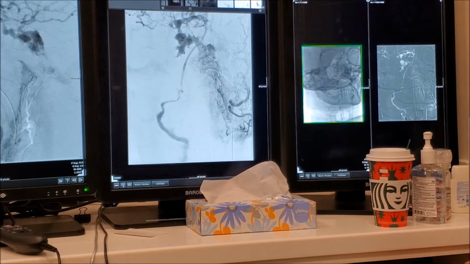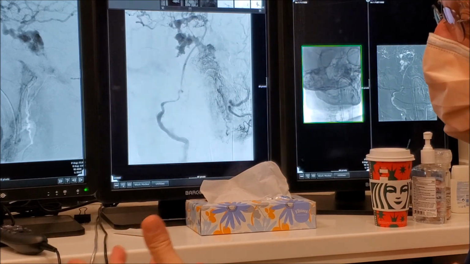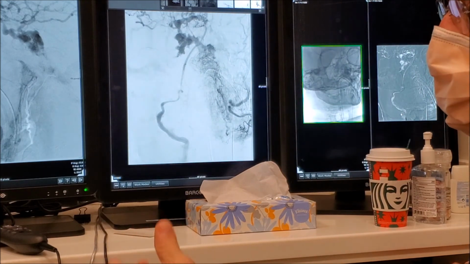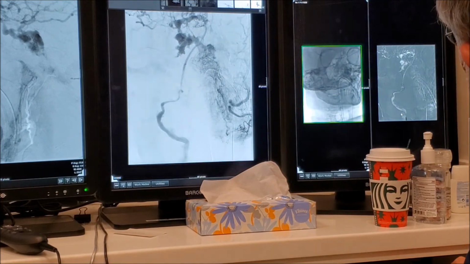I think we're learning more and more that this transjugular approach is very useful. In the beginning you're not familiar with the procedure, but now we've done it so many times, right? So this is not IJ, but EJ.